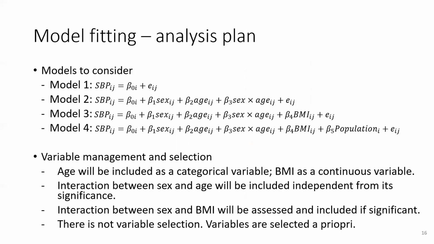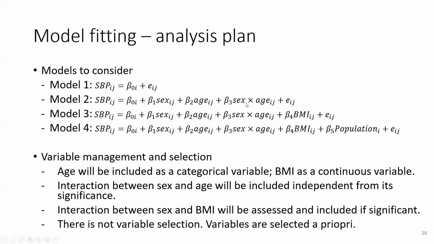So we go to this model fitting part. We are going to consider these 4 models in the process. The first model is going to be an intercept only model, which includes only the city level intercept plus residual. And then in model 2, we add demographic characteristics, which are sex and age and their interaction term.